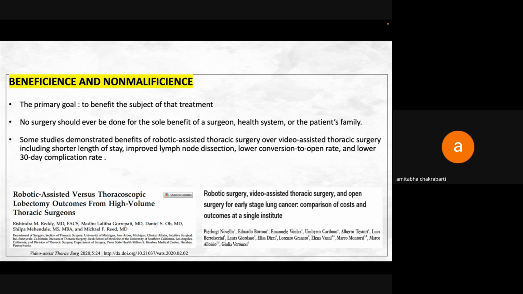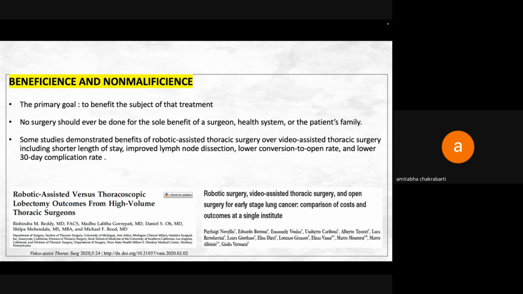If a surgeon feels that doing a robotic surgery will be helpful for the surgeon, technically helpful, economically helpful, whatever it is, this is not done. Or for the health system, that is the corporate hospital, or the patient's family, no. The patient is the sole decisive person about this.